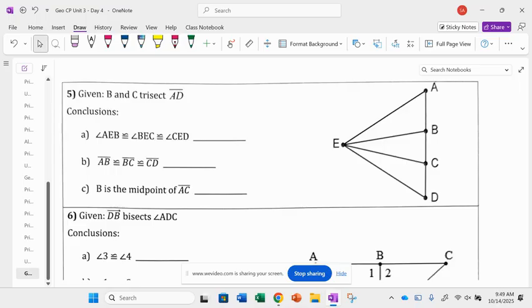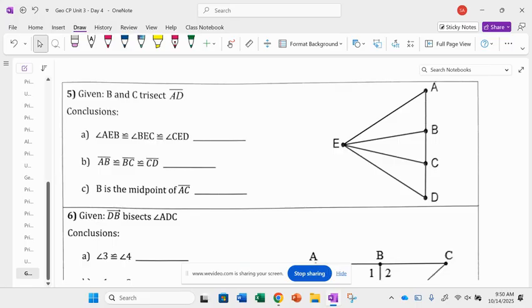Mark what it means. Excellent. Excellent. Perfect.